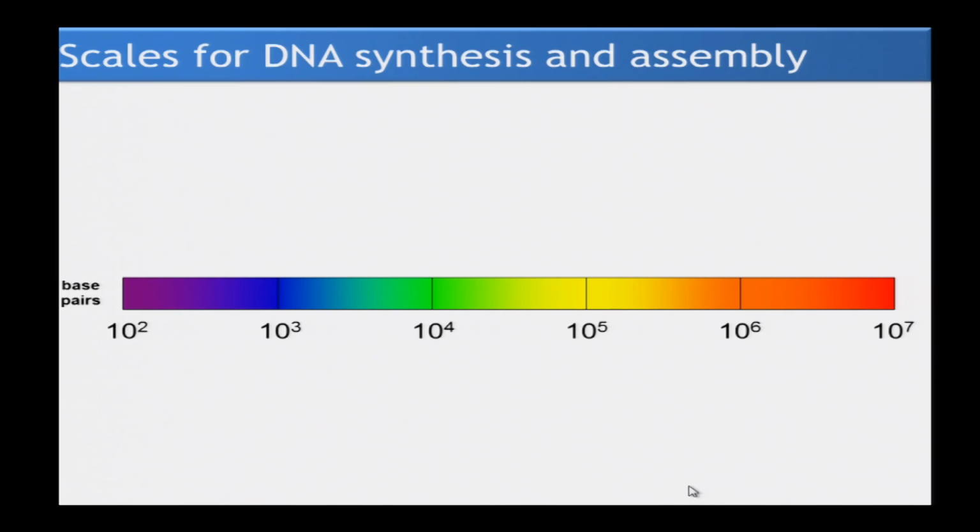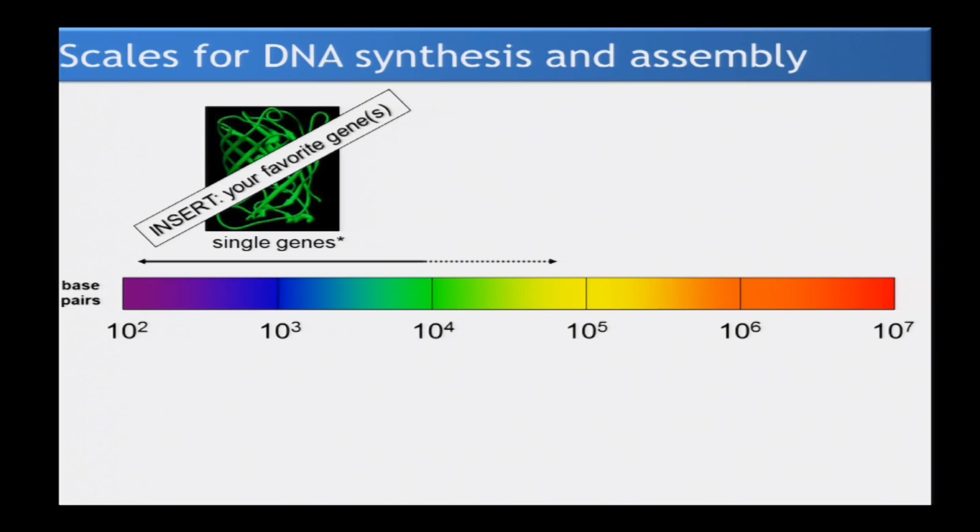We would start with things on the order of genes, which I would say are the basic elements. A single gene that you overexpress, or a few genes that you inducibly express, I wouldn't count as synthetic biology.